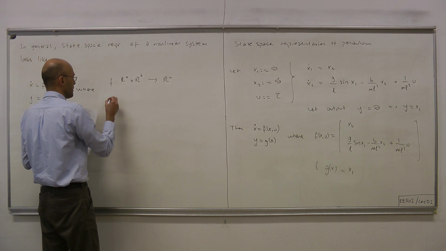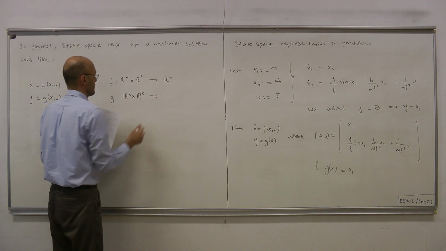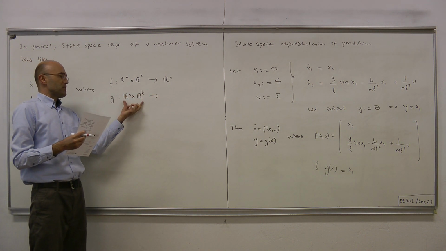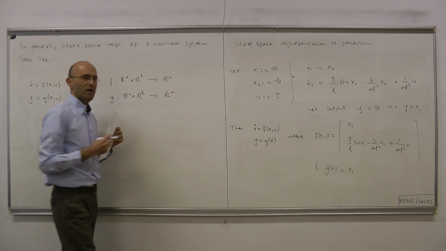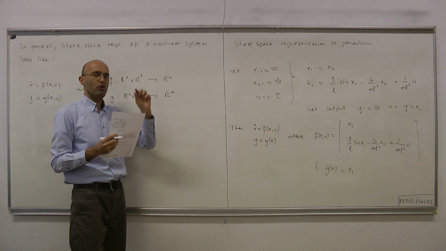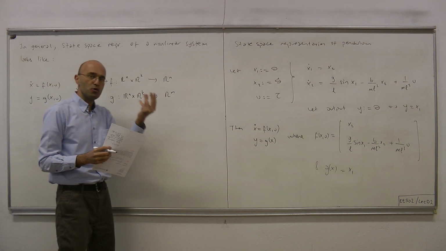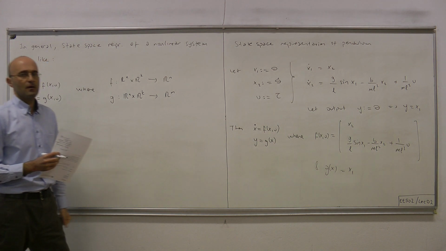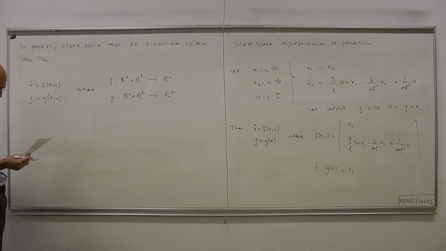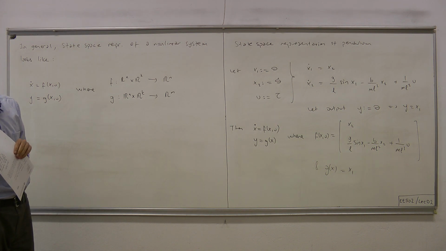And as for g, we have a mapping that maps this product to some other space, Rm, where m is the number of individual scalar outputs that we have, and all those considered together is our output vector, which lives in space Rm.